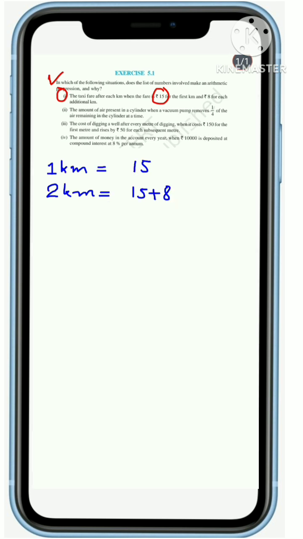Similarly, for 3 kilometer taxi fare will be 15 plus 8 plus 8. Again for 4 kilometer taxi fare will be 15 plus 8 plus 8 plus 8.